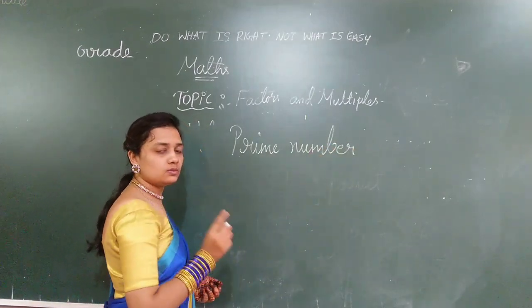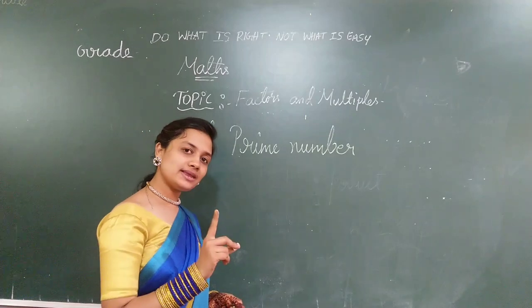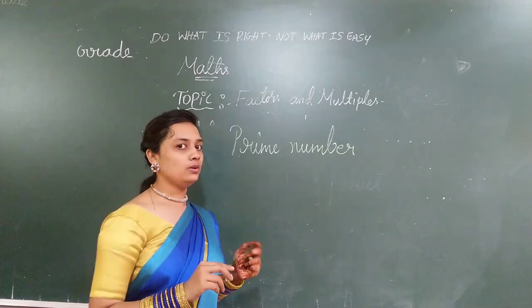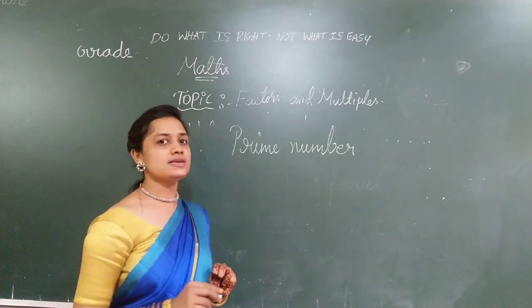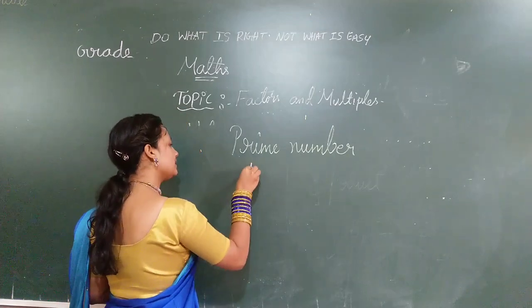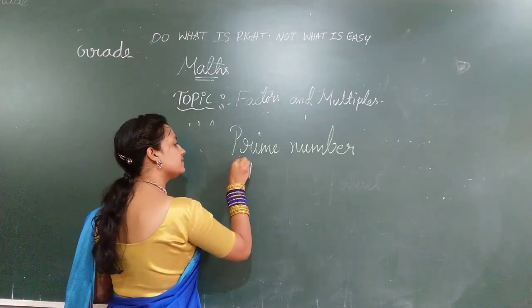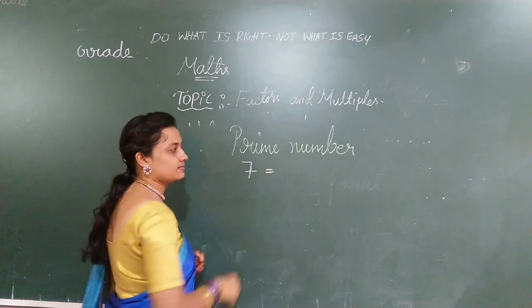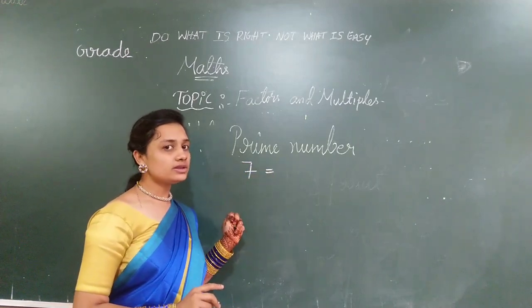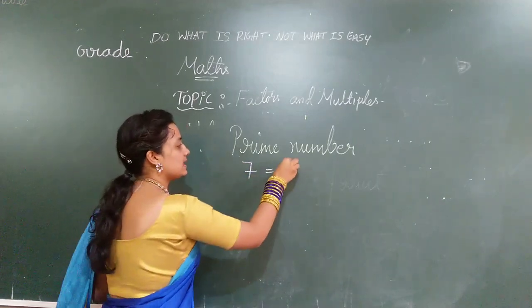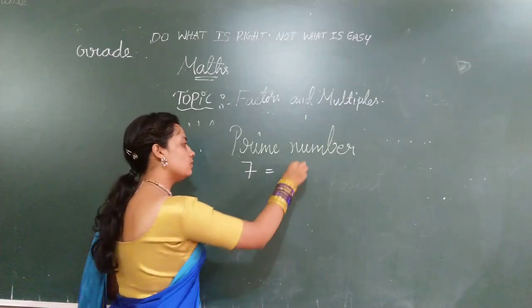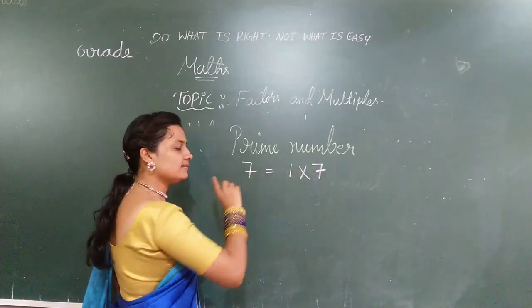What do you mean by prime number? Any number which can be seen in the 1 table and its own number table. Only these two tables it should be seen. Example, let us say 7. In which tables can you see 7? You can see 7 in the 1 table, 1 7 is 7.